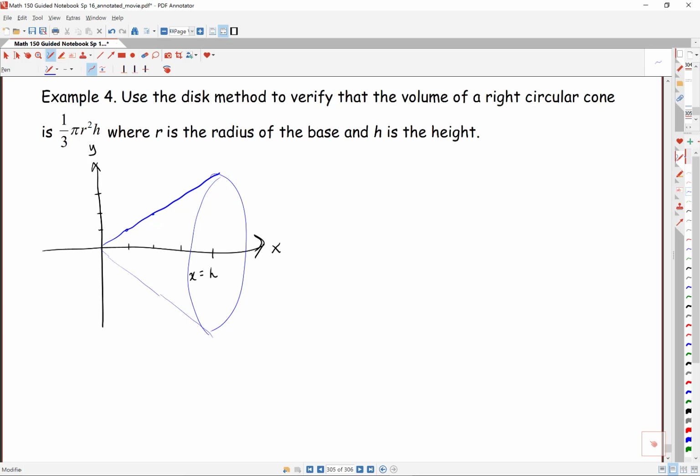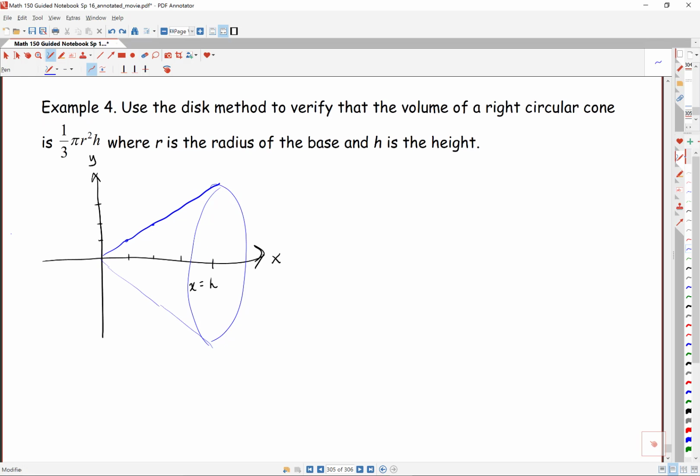So now let's take a look at what we have going on. Do you remember that you make similar triangles in the cross section? If you just consider your cross section here, let's call this r prime.